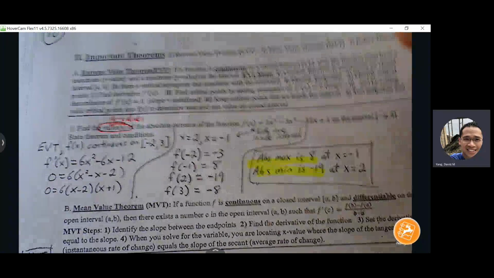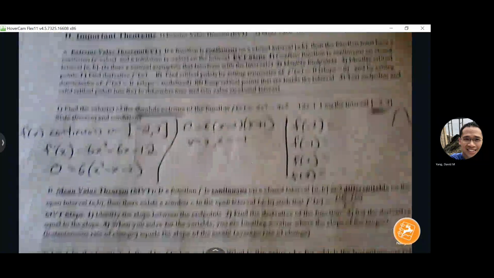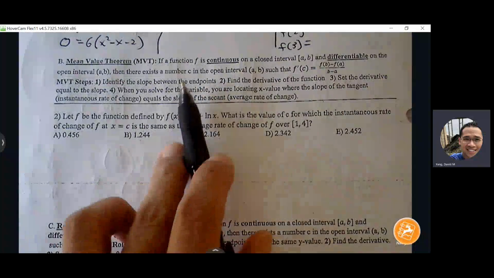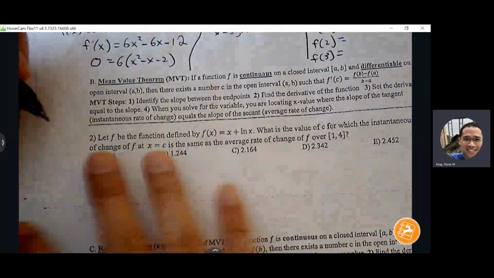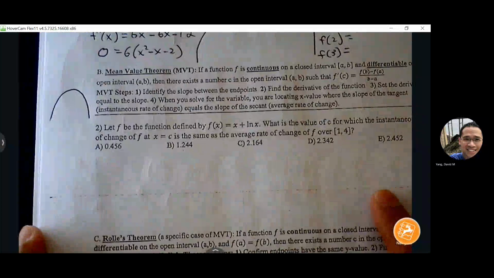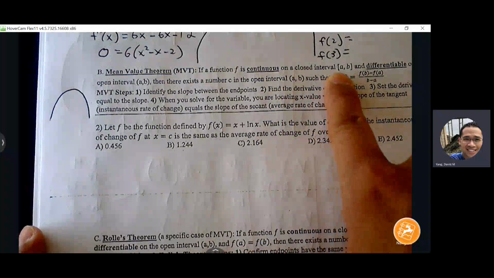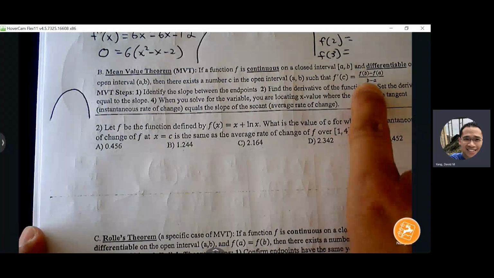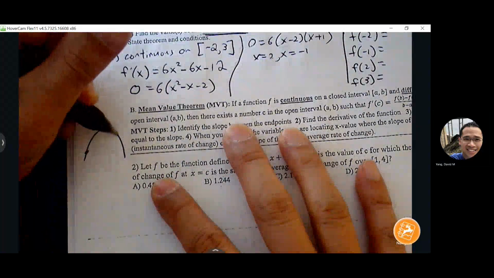Okay, let's look at mean value theorem. Mean value theorem says if a function is continuous and differentiable, so if I can show that my graph is a smooth curve, then there exists a number such that whatever slope I find between the endpoints, that's what f of b minus f of a over b minus a is equal to.